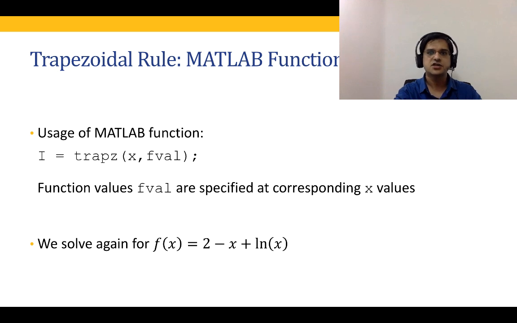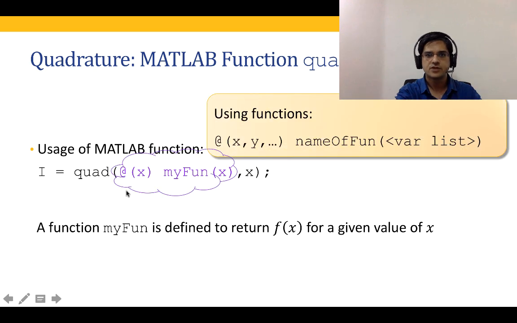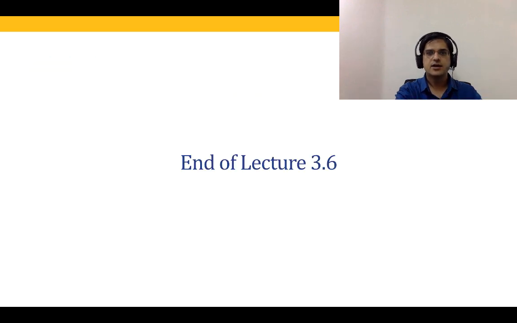The second function that we used was quad. We used the function quad in order to find the integral of any function. In using quad, we pass on the function handle using this particular method of passing the handle. Okay, so with that, I come to the end of this lecture and indeed to the end of this module.